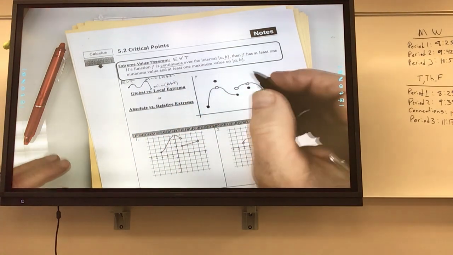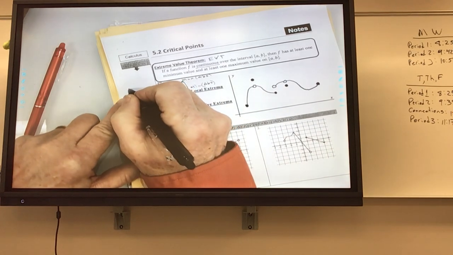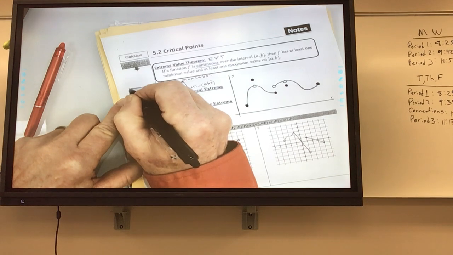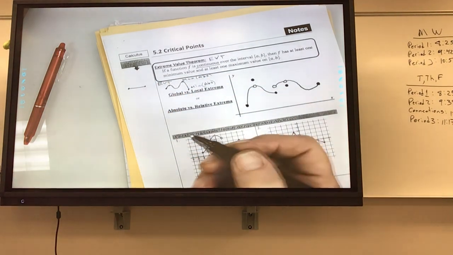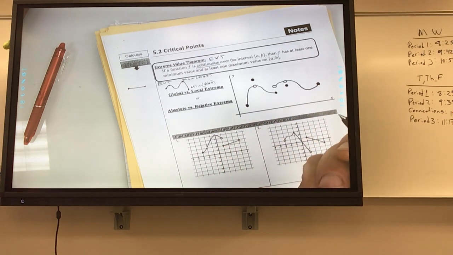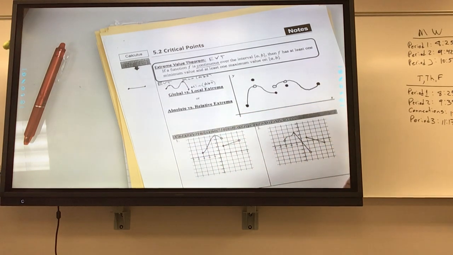Usually I have a student that says, hey Kruger, what about this one? One that's horizontal. Well, it means all the y values, remember it says at least one, so if you have more than one, all of them are the max and the min at the same time.